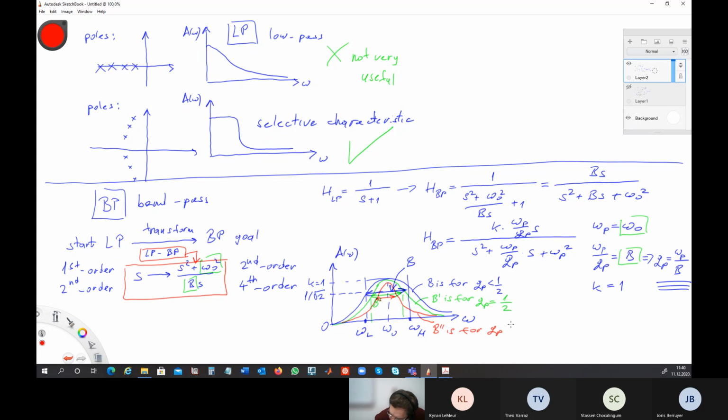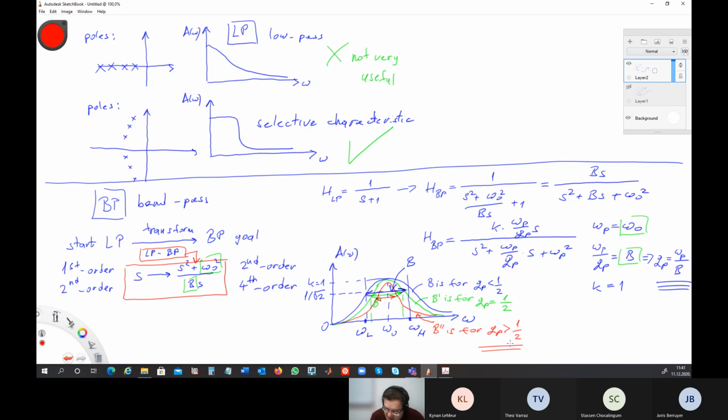This is for QP smaller than 1. This is for QP higher than 1/2. So now we have a problem. If we cannot have QP higher than 1/2, then we cannot obtain a narrow characteristic. And this is something that makes problems with our filters. Very often we need a characteristic which is narrow. So this one needs QP which is larger than 1/2.